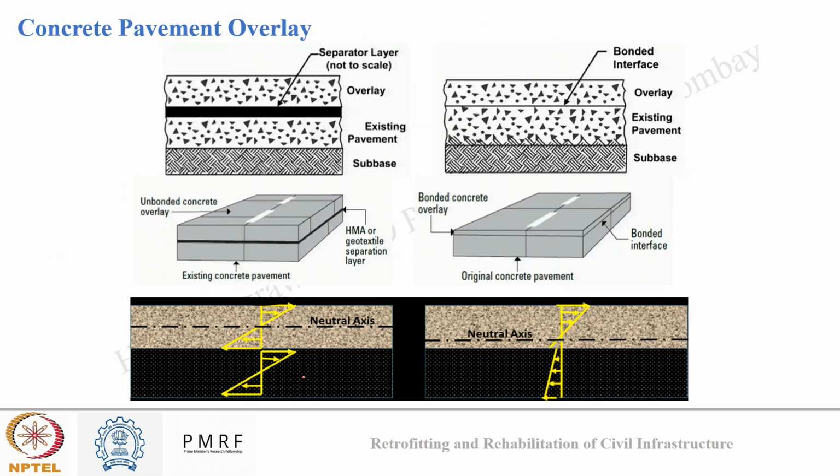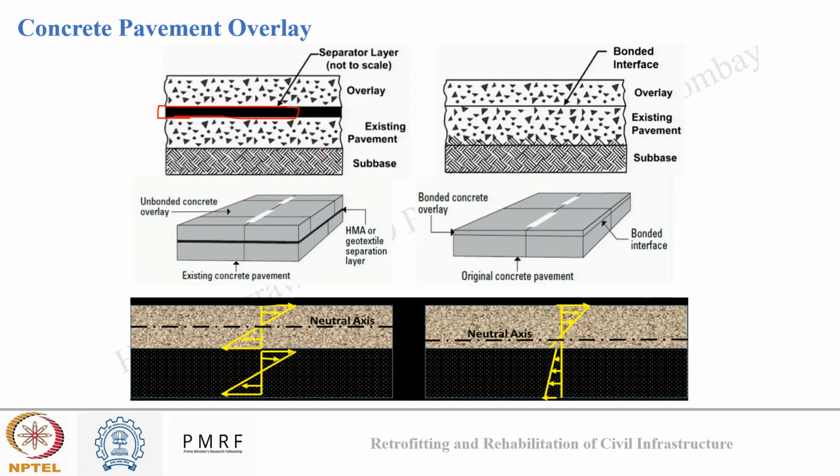Now, when we talk about overlay for concrete pavement, there are two choices, either bonded or unbonded. As can be seen here, in an unbonded overlay there is a separate layer between the existing pavement and the concrete overlay. This is a layer which separates the overlay and the existing pavement.